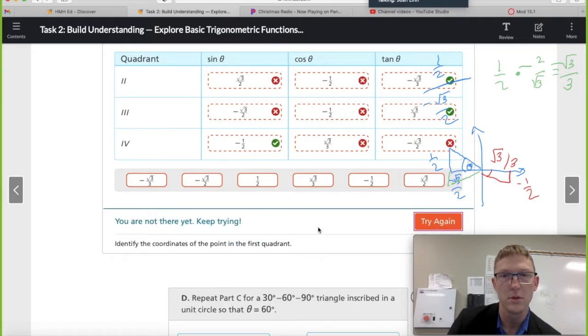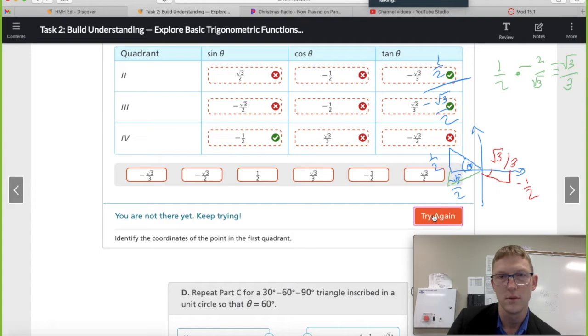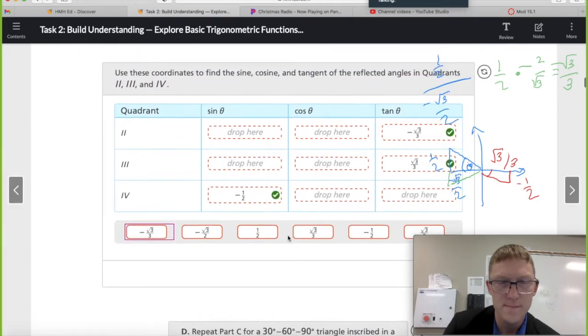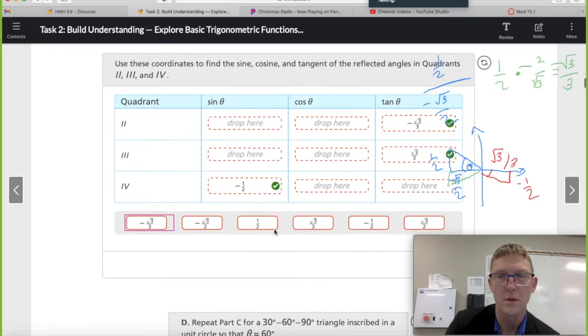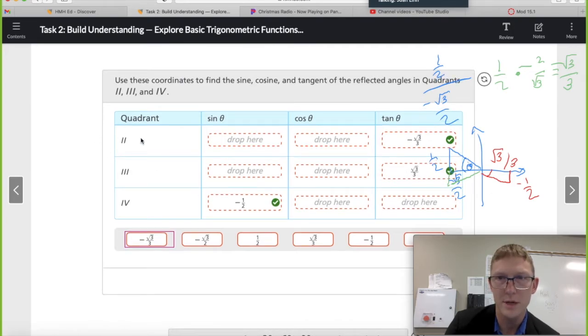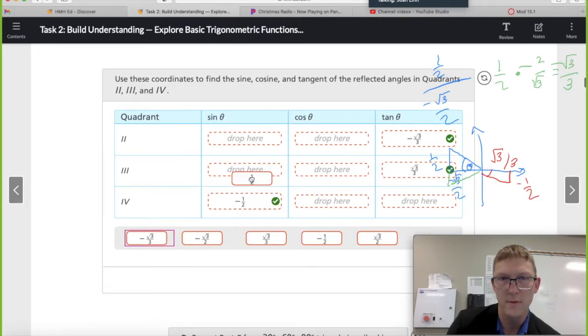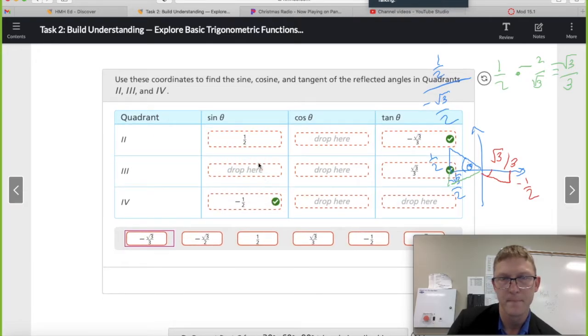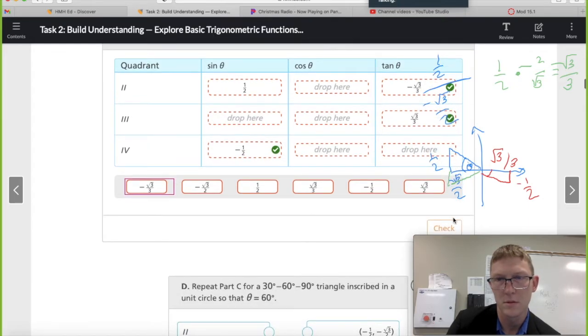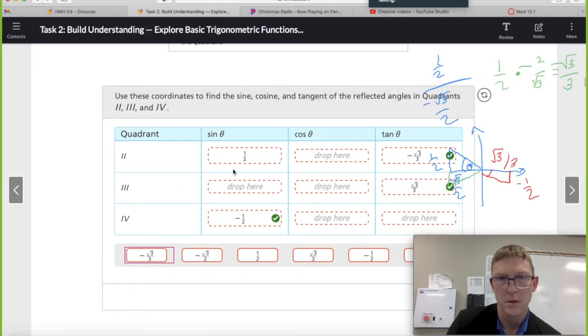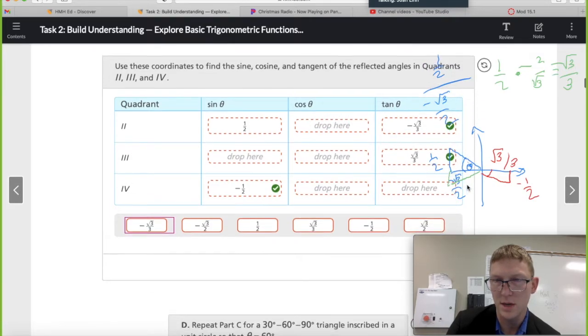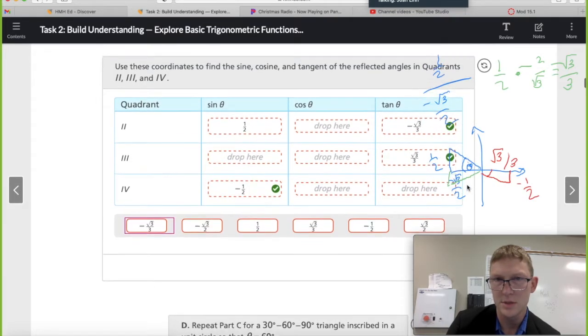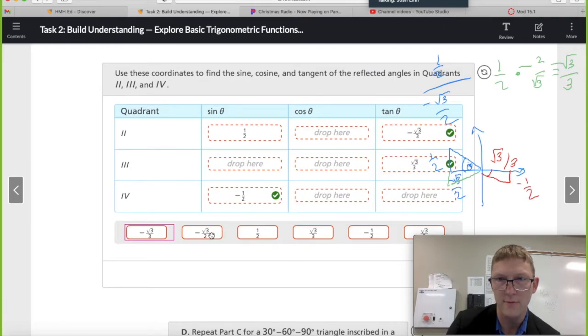Nope. So let's look at my picture again. My sine is going to be 1/2. And then my sine for quadrant 3, which is down here, is going to be negative 1/2.